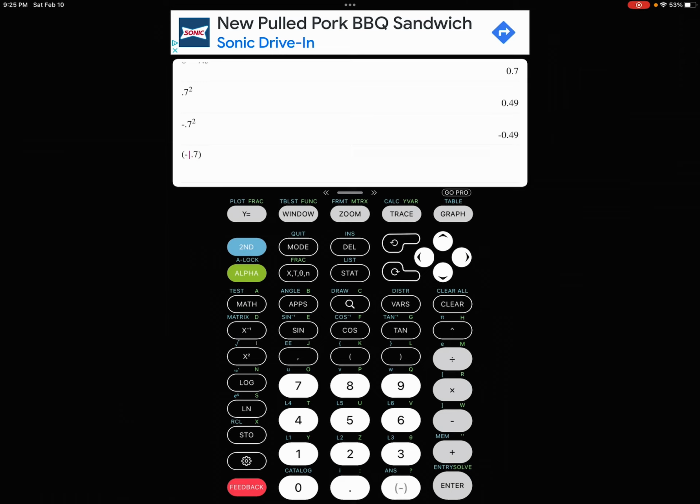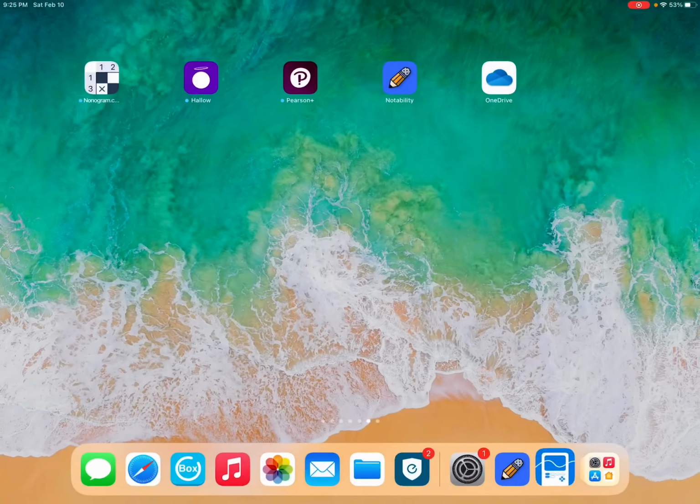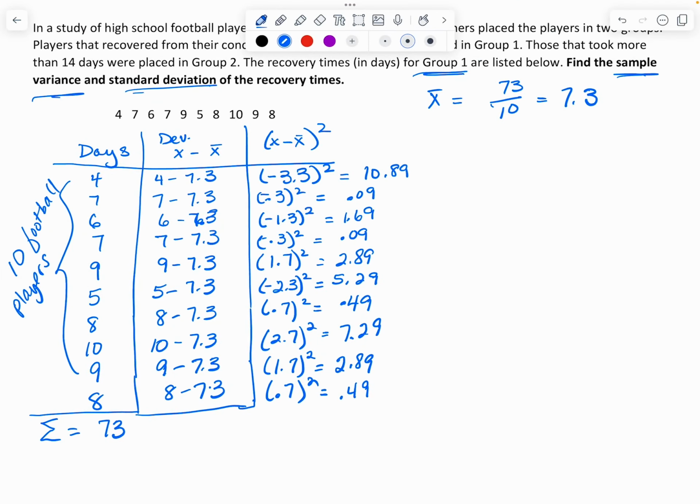So negative 0.7 squared in parentheses is now positive. So be very careful, again, that you're using your calculator correctly. The biggest thing to remember is that I should have all positive values because of the squared. If any one of these values is negative, I'm in trouble.